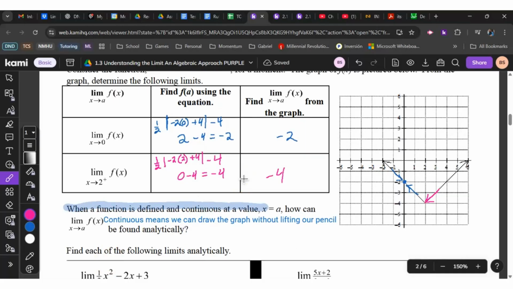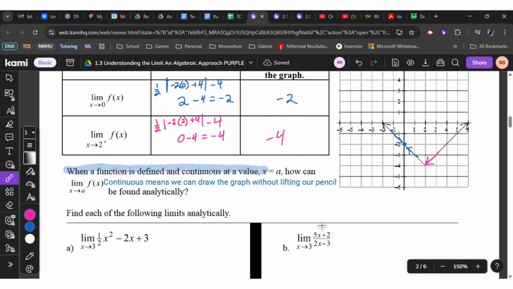They're the same. So in other words, if this is continuous, what we can do is we know f of a is equal to the limit as x approaches a of f of x if f of x is continuous, which we've kind of already hinted at in some of our questions.